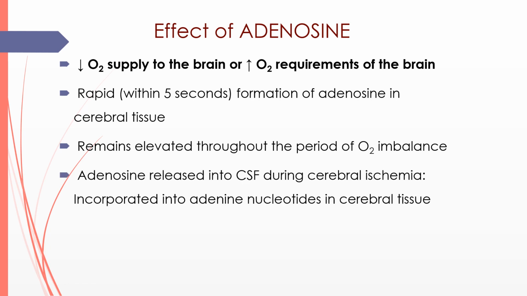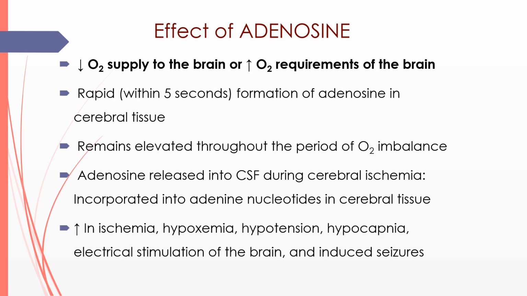Adenosine is released into the CSF during cerebral ischemia, and incorporated into the adenine nucleotides in cerebral tissue. It increases in ischemia, hypoxemia, hypotension, hypocapnia, electrical stimulation of the brain, and also induced seizures.